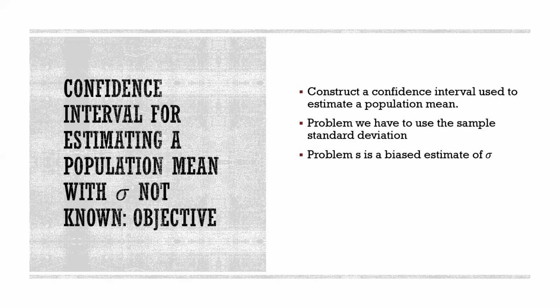If you don't know mu, what's unlikely that you would somehow randomly know? I don't know the population mean. If I don't know the population mean, how would I know the population standard deviation? That sounds far-fetched.